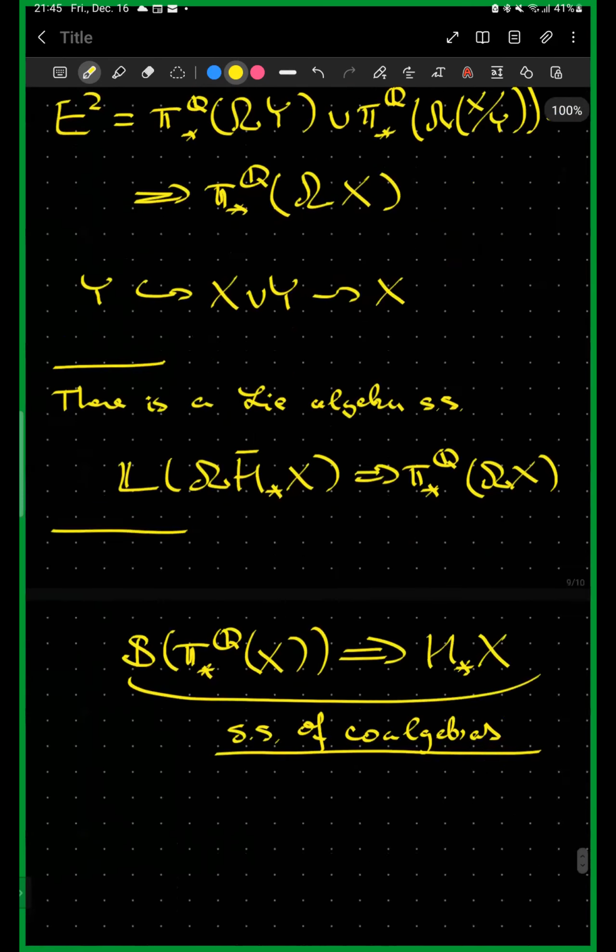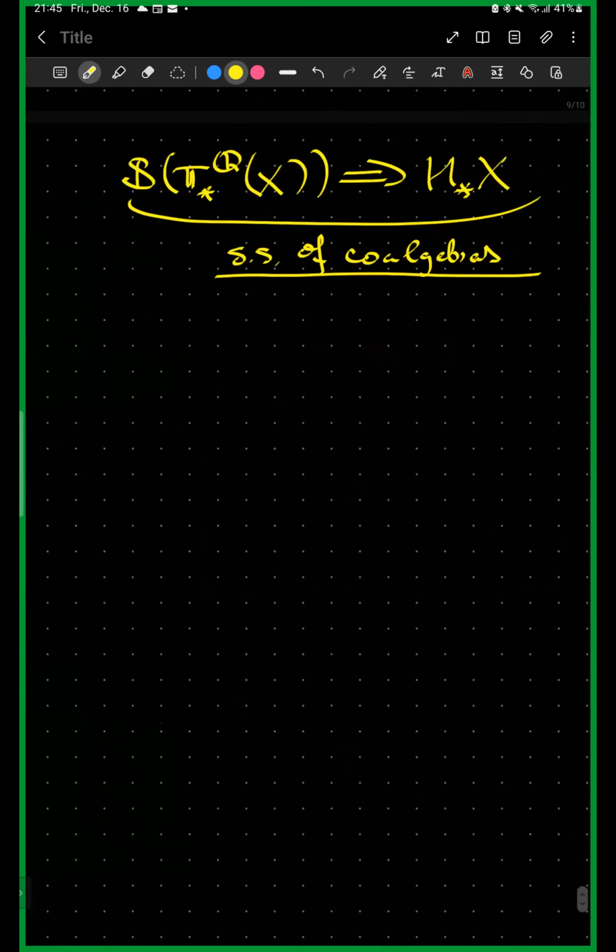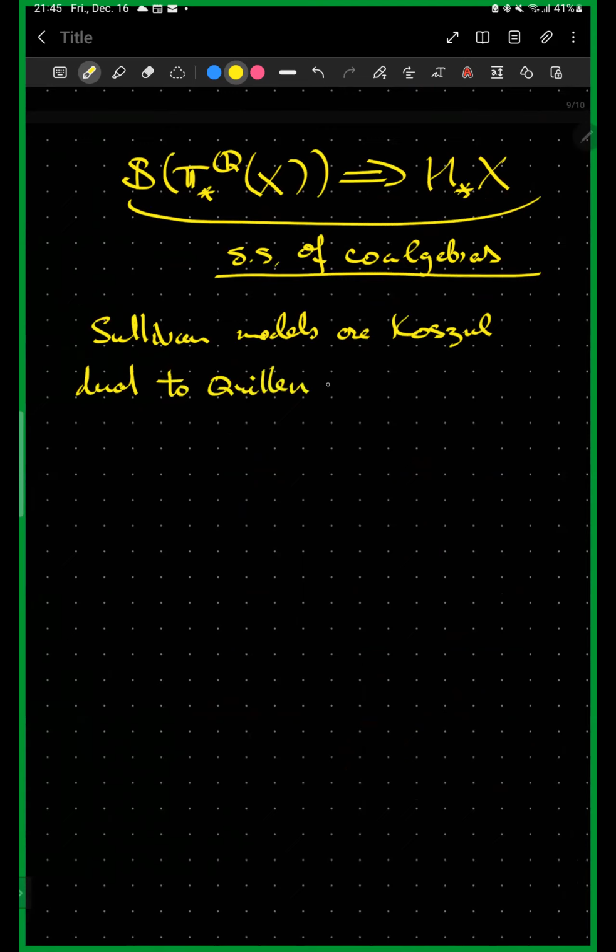Of course, I would be remiss if I didn't point out that Sullivan models are dual to Quillen models.